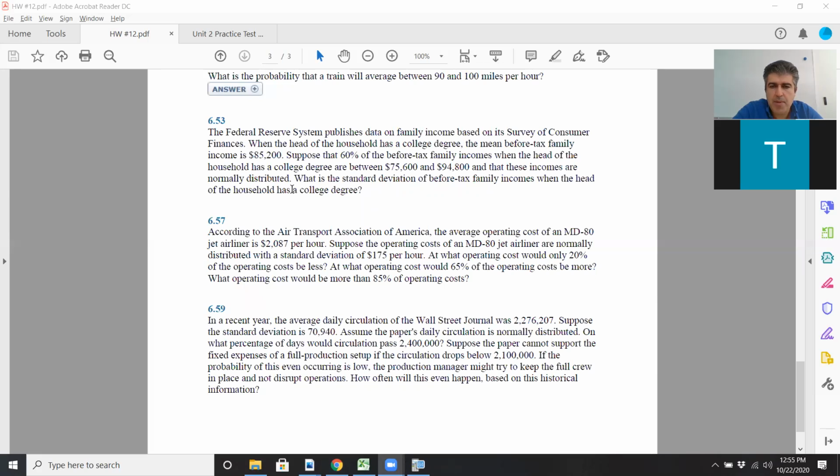What is the standard deviation? That one's a little tricky, but I like it. It's a good problem. We don't know the standard deviation, but we do know the mean, and we want to be between those two numbers.